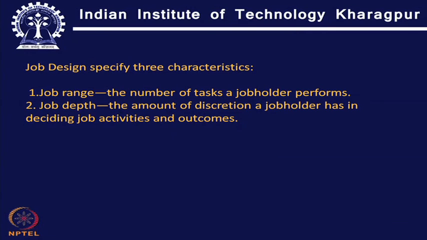Job range is the number of tasks a job holder performs, and job depth is the amount of discretion a job holder has in deciding on the job activities and outcomes. This will generally determine the proficiency levels in the job, like your discretionary power in deciding regarding job activities and related outcomes.